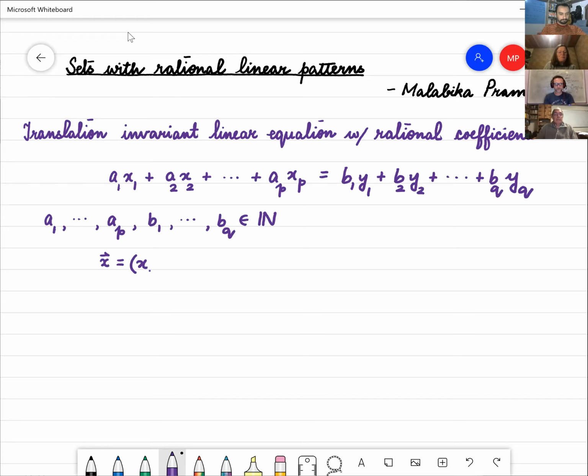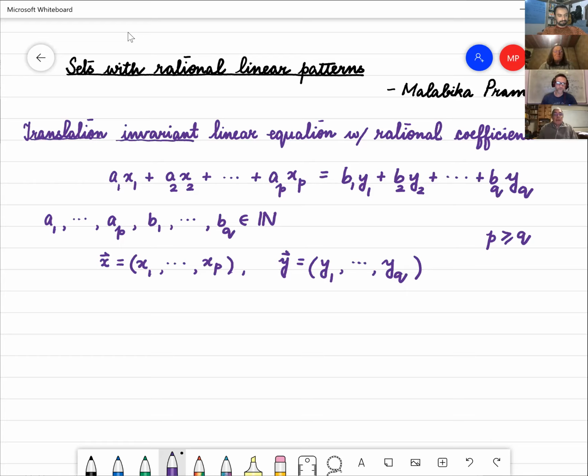the vector x with entries x1 through xp and y1 to yq, these are the unknowns. And without loss of generality, we can assume that p is larger than or equal to q. What do I mean by translation invariant?